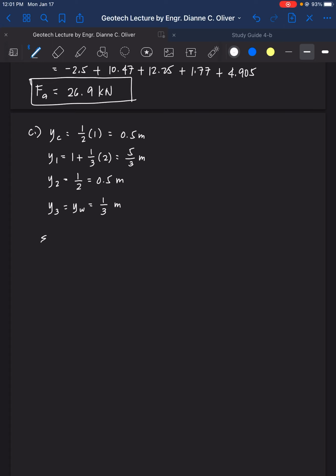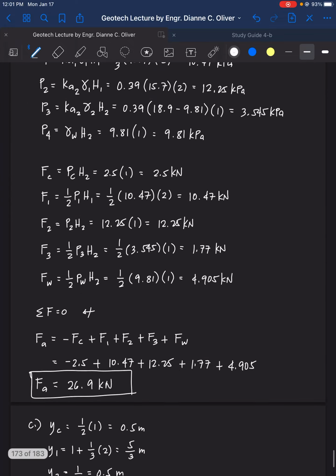Next we have summation of moment at point 0 is equal to 0, point of origin. So we have positive counterclockwise.